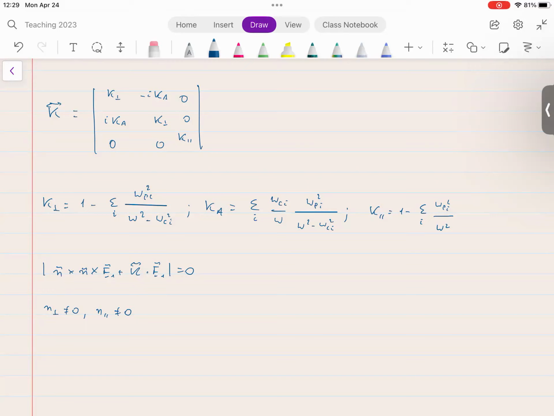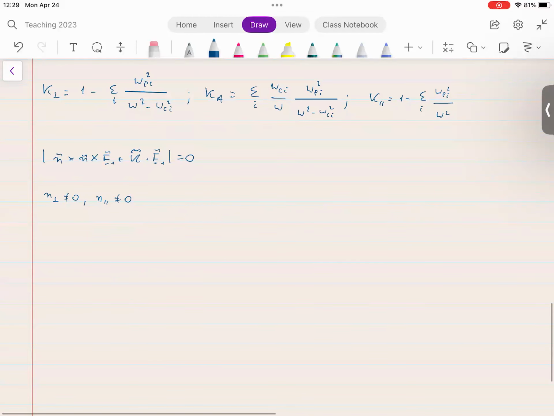So if I write my dispersion relation leaving the most general n, I'm going to get this monster here. Let me just write it. Okay, n parallel square minus k perp. Here I only have i k sub a. Here I have minus n perp n parallel.